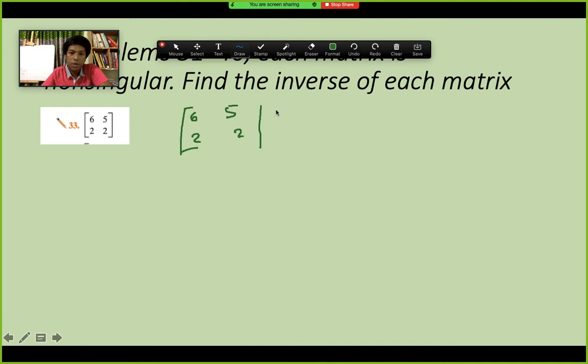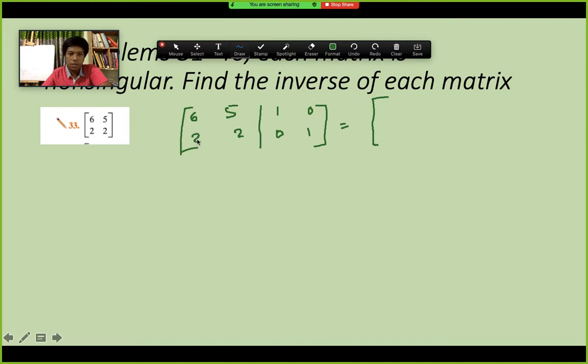Then we can write here the identity matrix 1 0 0 1. This equals to... So let's start doing some operations so that we can get the answer.